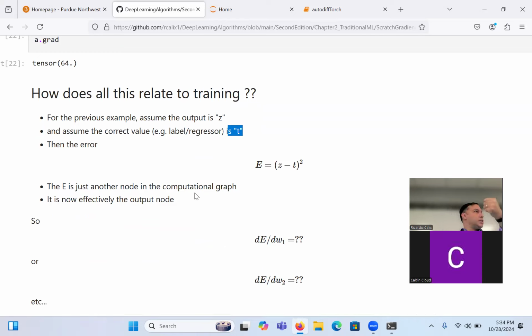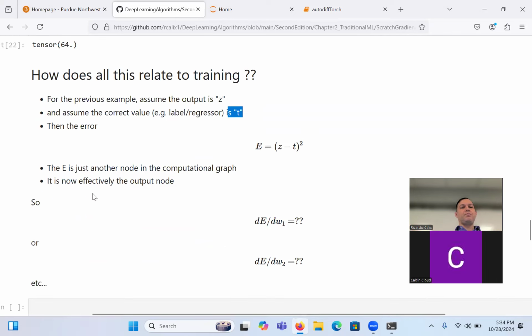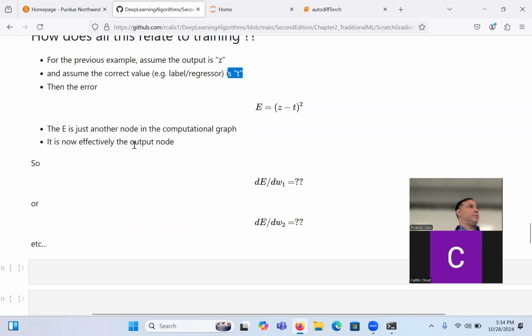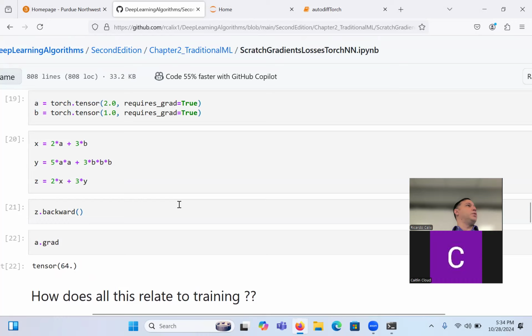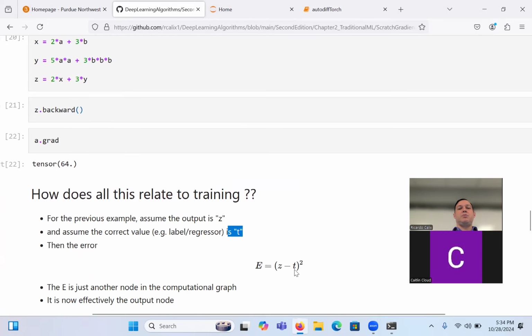That's usually where the loss comes in. That's the node that's linking the predicted to the real. So it is now effectively dE over dW1. Do you see what I'm saying? This is how the computational graph is going to interpret everything. Because Z is already related to all these equations that we saw before, which is the neural network. T is just your real data.